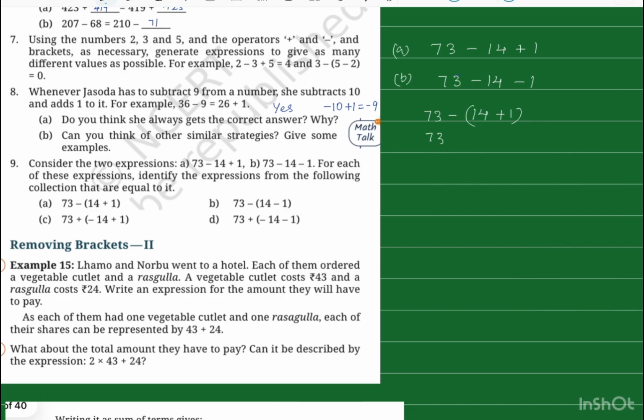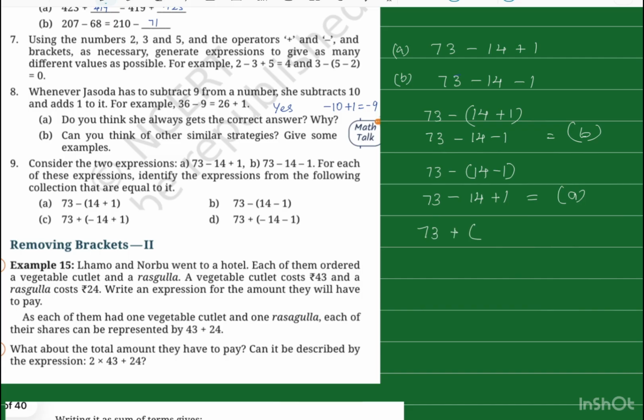When we open the bracket, it will become 73 minus 14 minus 1, that is B. Next one is 73 minus (14 minus 1). When we open the bracket, it will become 73 minus 14 plus 1. So it is A.